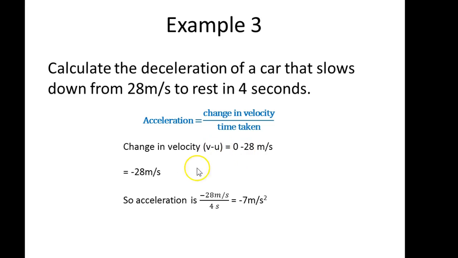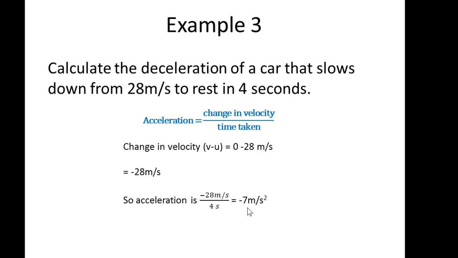So v minus u gives you a negative number of minus 28 meters per second. So our acceleration is minus 28 meters per second divided by 4 seconds. So our acceleration is minus 7 meters per second squared.